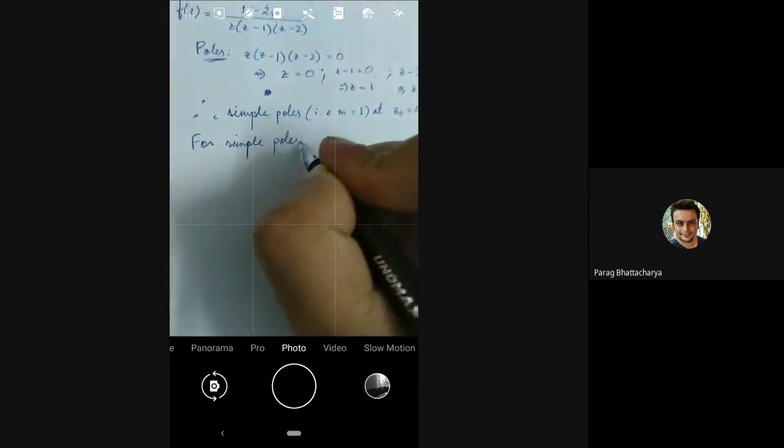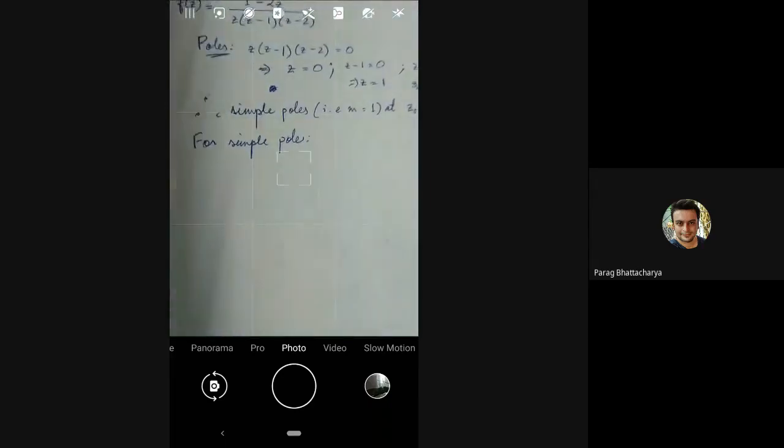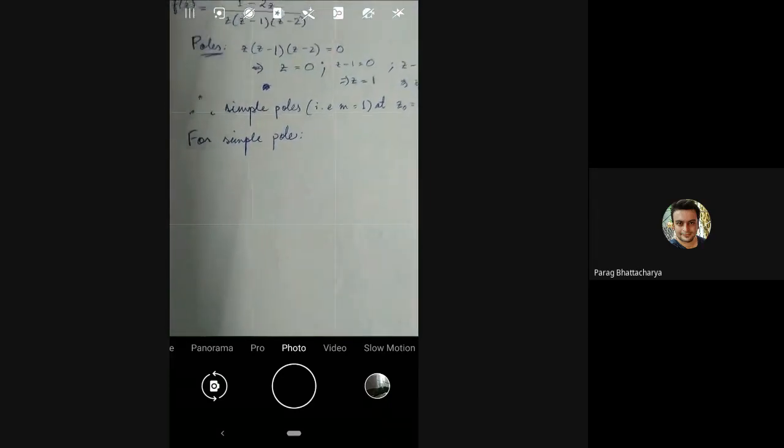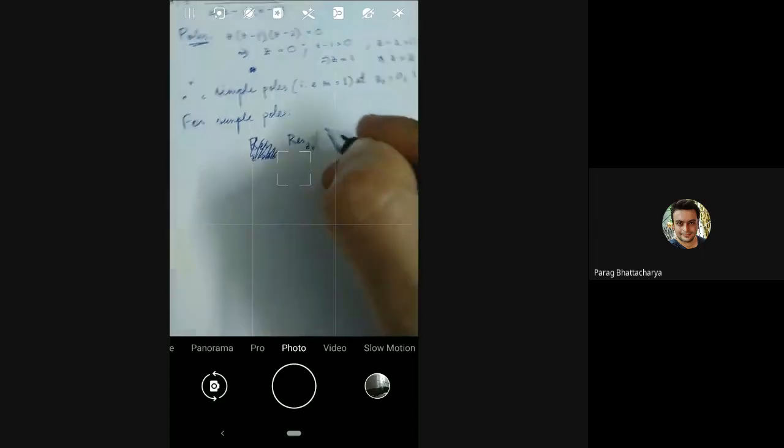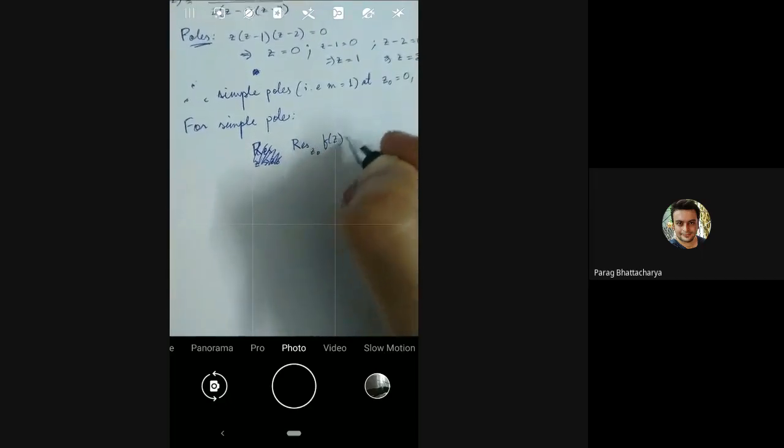Now for a simple pole, what is the formula for the residue? We'll use the first formula, the residue for a simple pole. Residue at z naught for a function f of z.